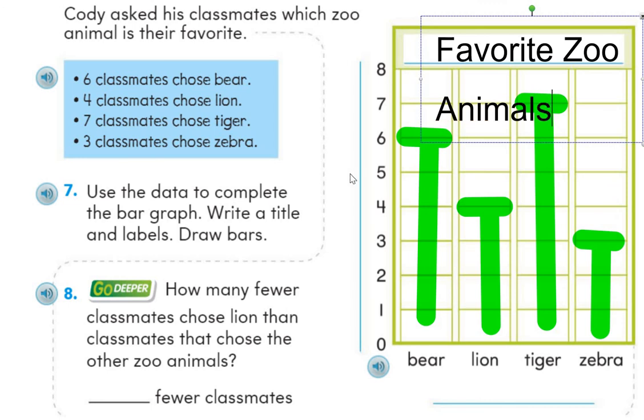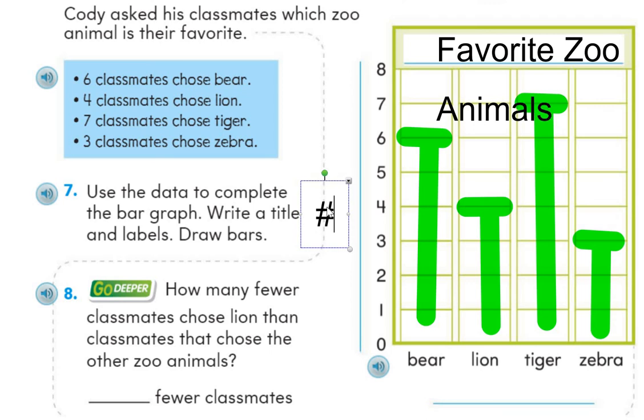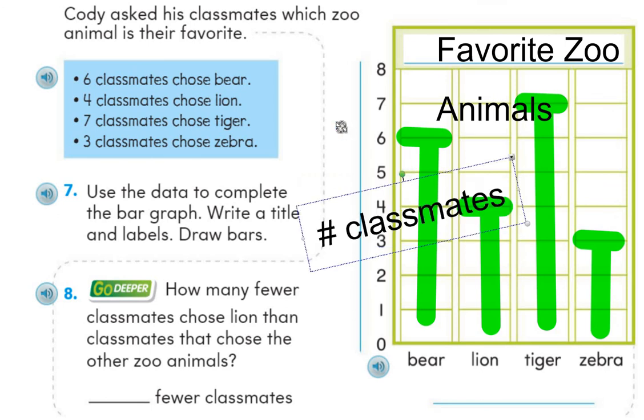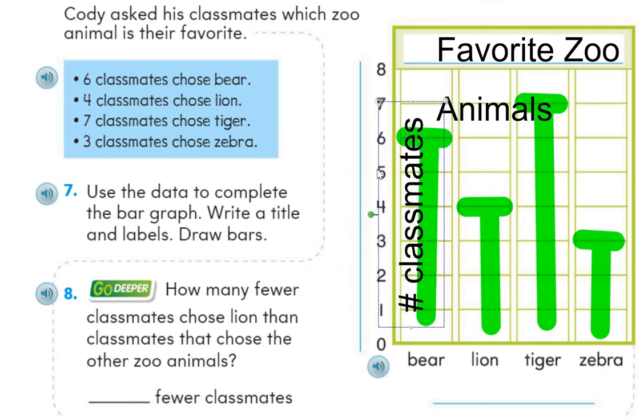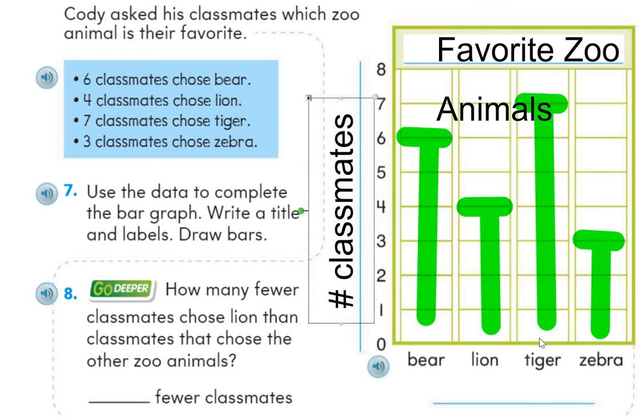Okay, and then down this side, this would be the number of classmates that he asked. Okay, I'm going to turn that around sideways. You can just turn your paper sideways. There we go. And then down here, these are the actual zoo animals.